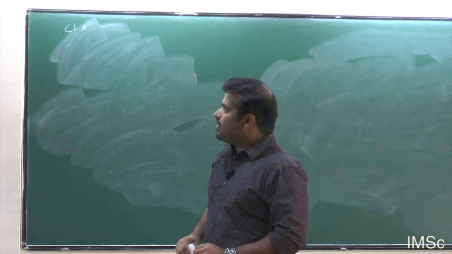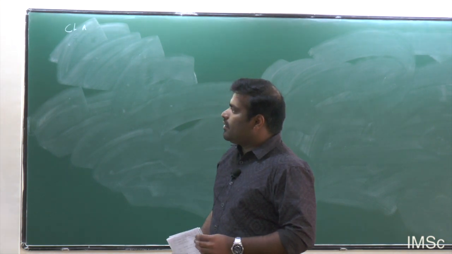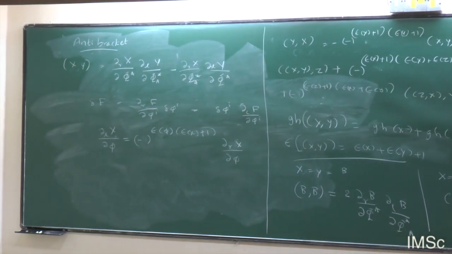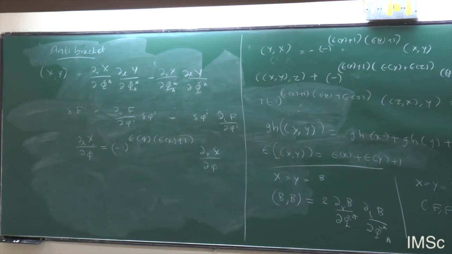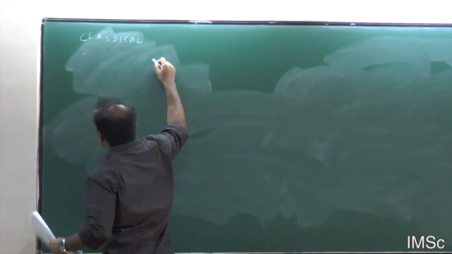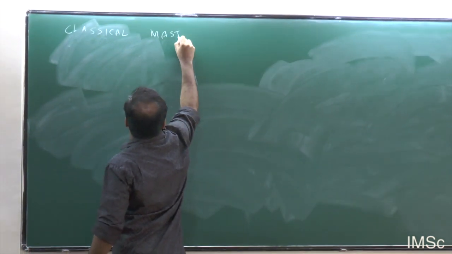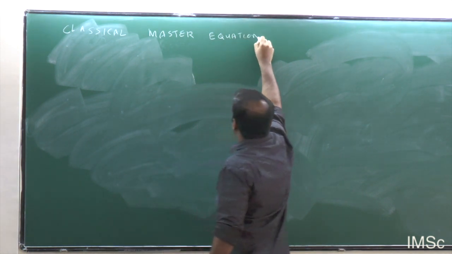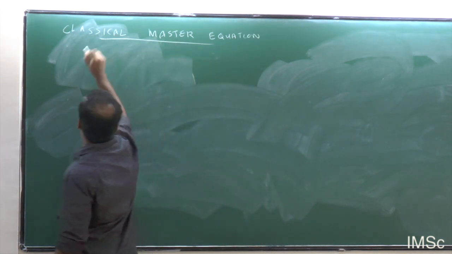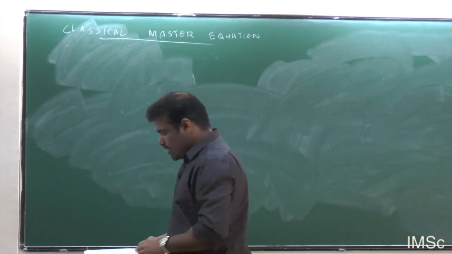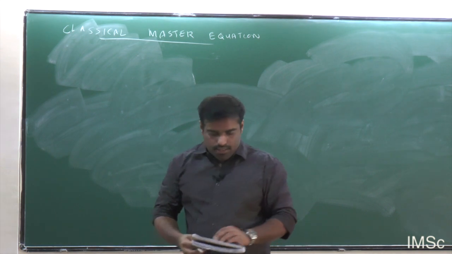All the Poisson brackets, commutators, etc. are usually anti-commutators. The point is that here, field and anti-field have opposite statistics. That's the main reason why you have that. So I'm going to introduce a classical master equation. This is the most important thing for classical BV formalism, and that's a stepping stone for the quantization of gauge theory.